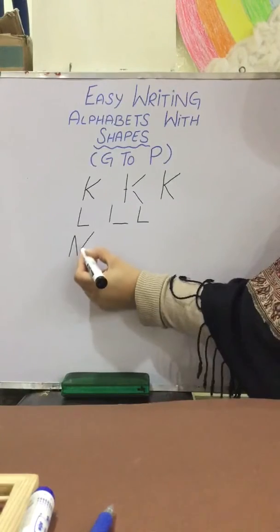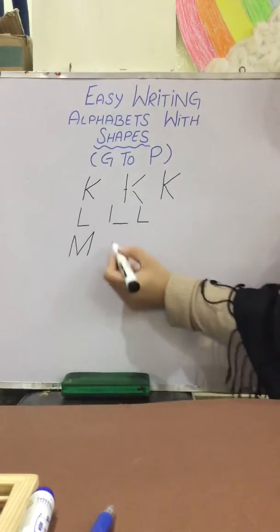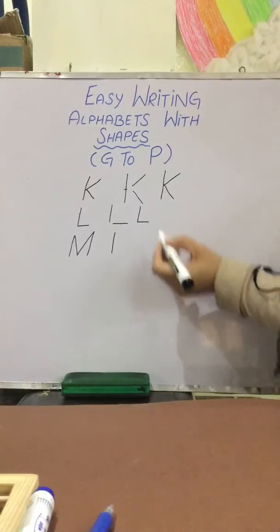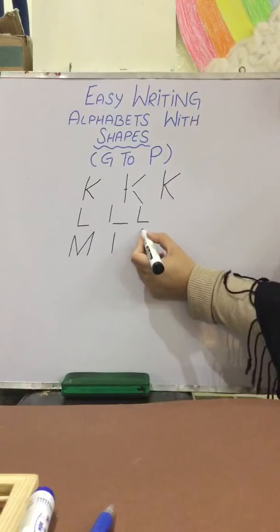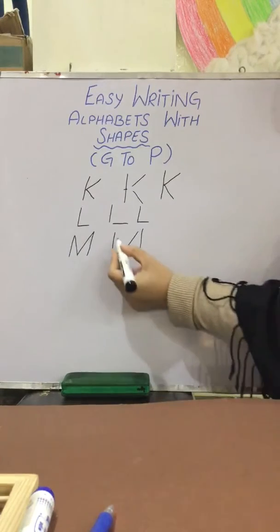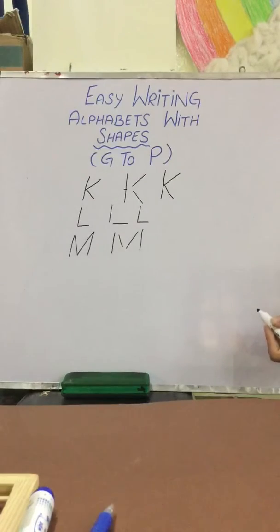Next is M. That is a little difficult, but I will try to make it easy. Let's see. One vertical line, another vertical line, and a slanting line upward to downward, and then again a slanting line upward to downward.